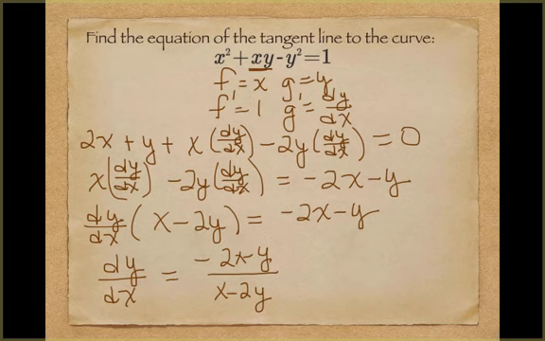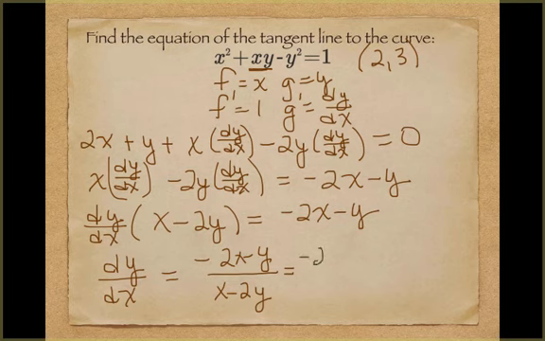And then we want the equation of the line tangent to the curve x squared plus xy minus y squared equals 1, but we do want to find it at the point (2, 3). So everywhere I see x, I'm going to plug in 2. Everywhere I see y, I'm going to plug in 3.